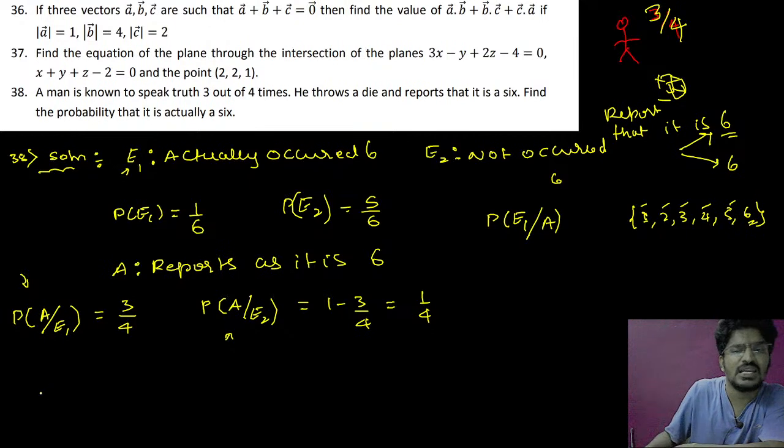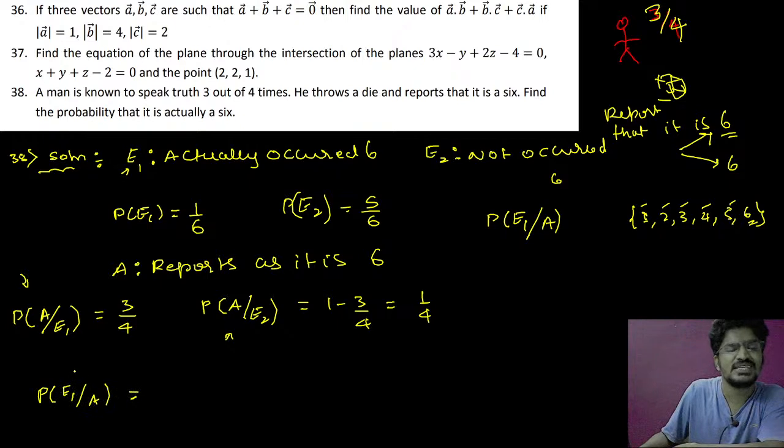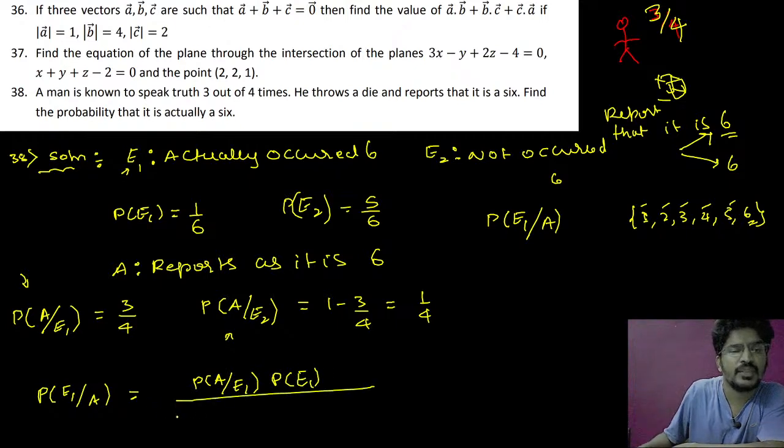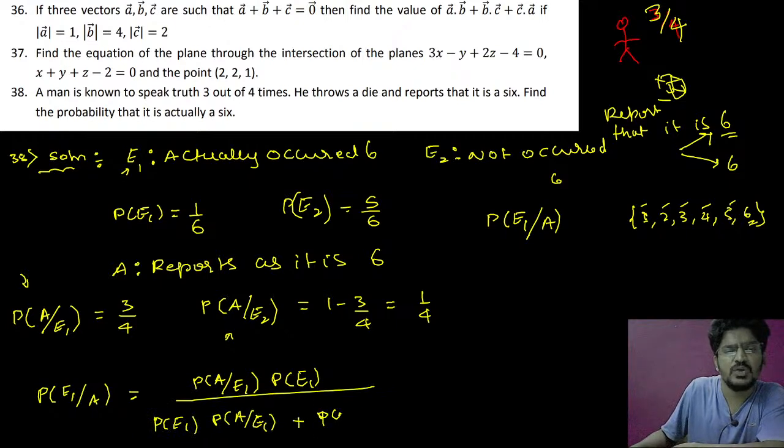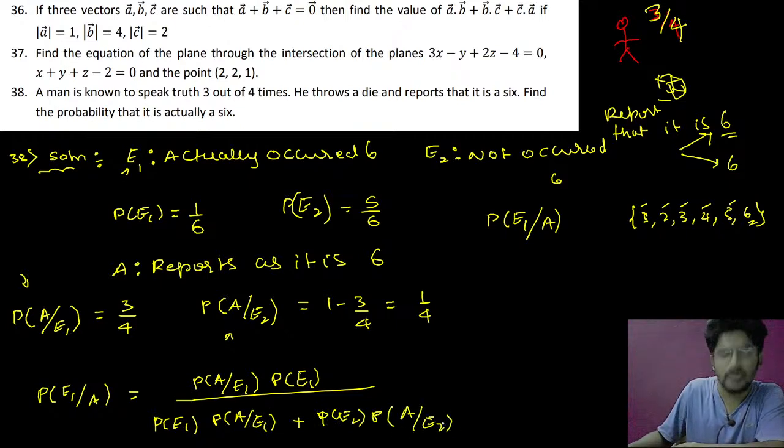Now we have to calculate the probability of E1 given A, that means E1 such that A has already occurred. That will be probability of A given E1 into probability of E1, divided by probability of E1 into probability of A given E1, plus probability of E2 into probability of A given E2. So this is our required formula.